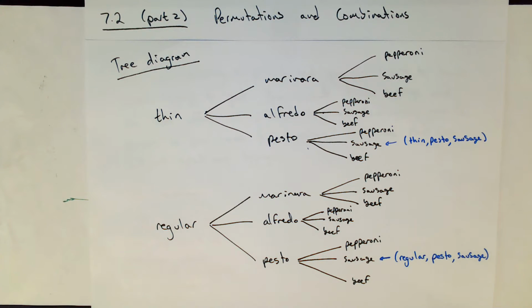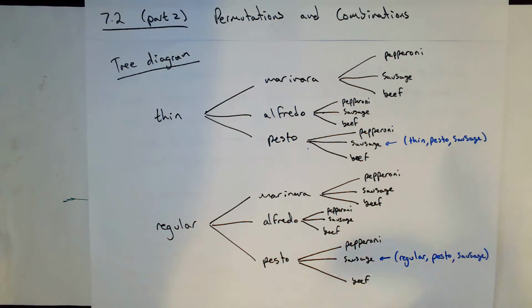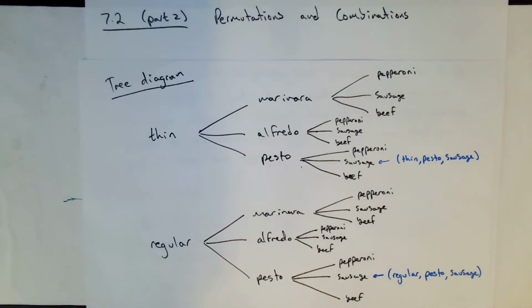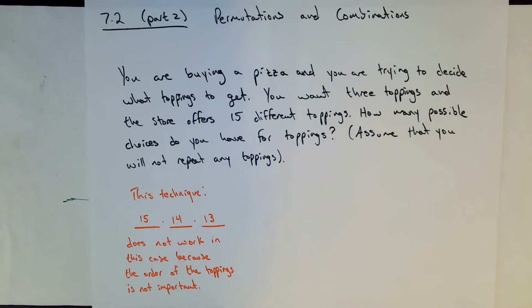You may recall that I made a point about these things all being unique, right? All 18 of these are unique combinations. And so what's the difference here? What's the difference in this and this?